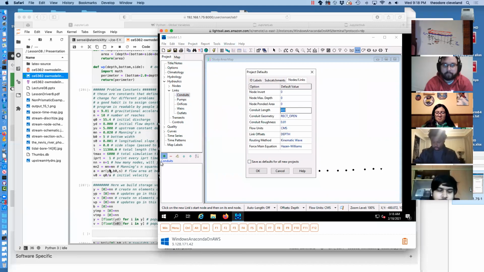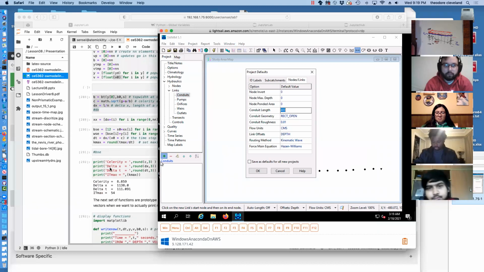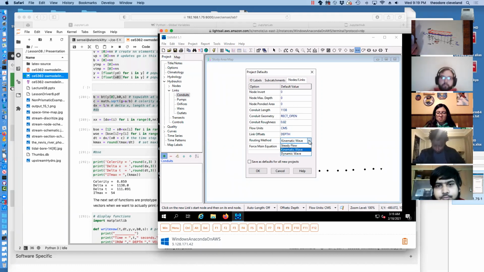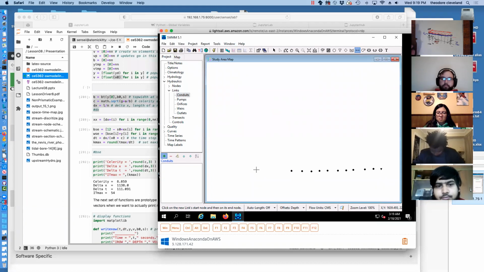And our conduit length was 1138. Rectangular open, 1138. Our conduit roughness was 0.02. And our routing method is going to be dynamic wave. We don't care about the rest. Press the okie dokie button.